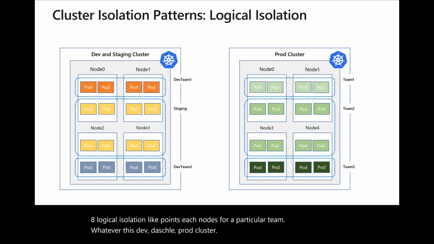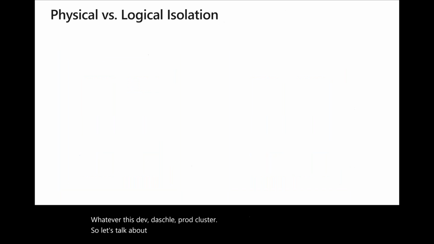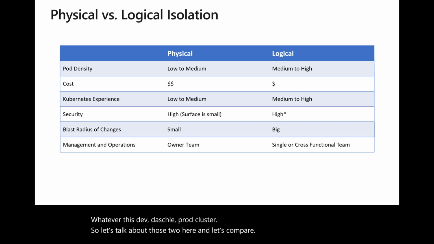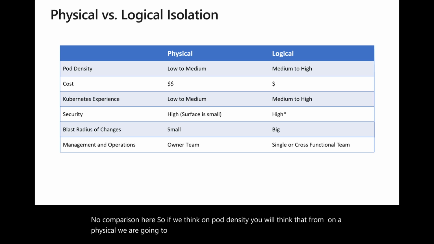So let's talk about those two and compare them. I did a small comparison here. If we think about pod density, on the physical isolation we're going to have pod density low to medium, because now every team would have 4 clusters, or whatever number of environments you have.